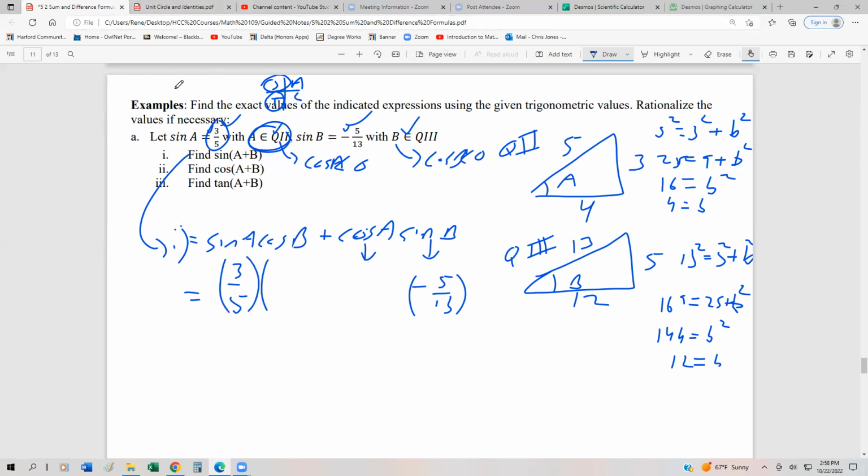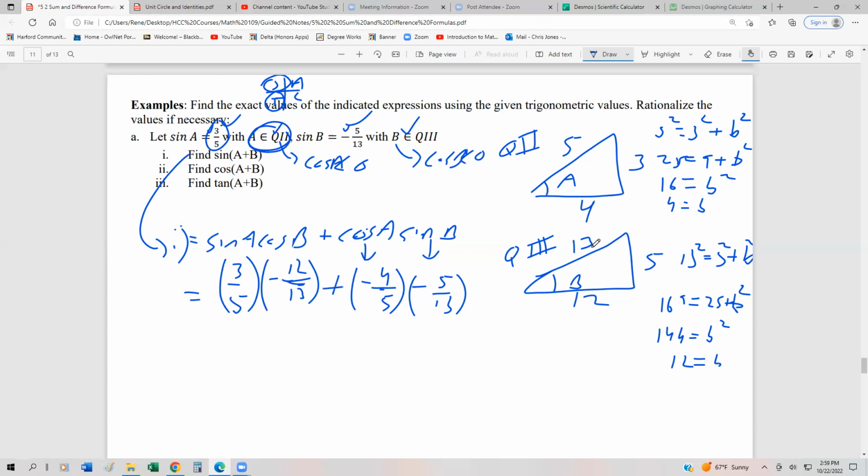Remember cosine is adjacent over hypotenuse, so for A that's going to be negative 4/5. And the cosine of B is negative 12/13, adjacent over the hypotenuse, and it's negative because it falls in quadrant 3, and the cosine is only positive in quadrants 1 and 4.